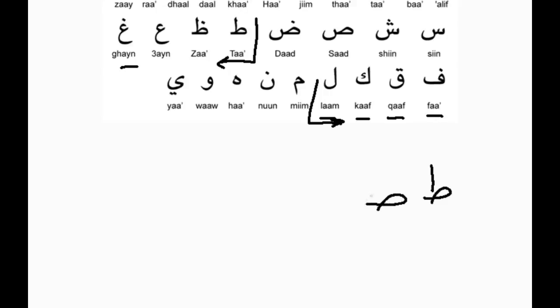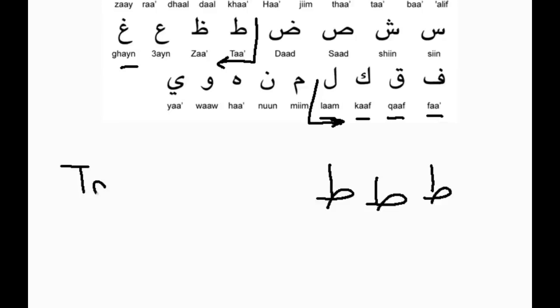We make a loop, an ellipse, and then a straight line on the loop, and that will be the ta.